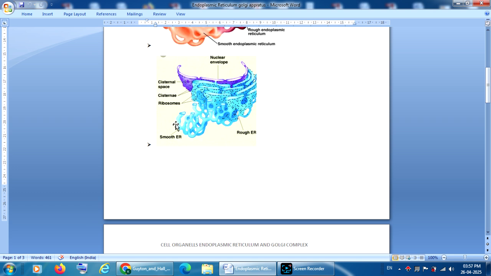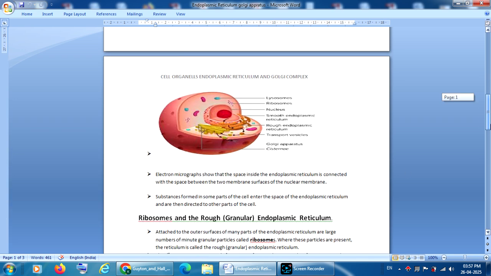Whereas this part doesn't have these granular structures or ribosomes, so it is called smooth endoplasmic reticulum. These structures are called cisternae, and the space is called cisternal space. Are you clear?